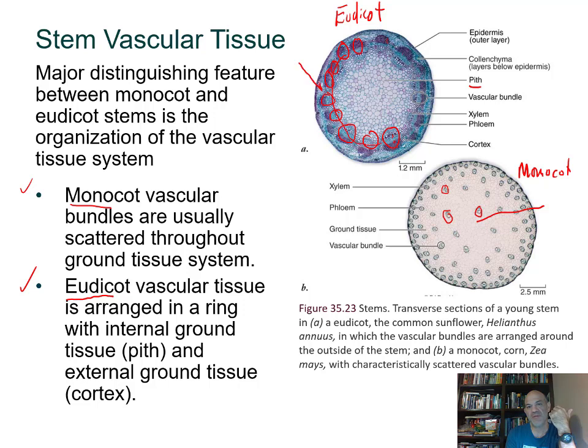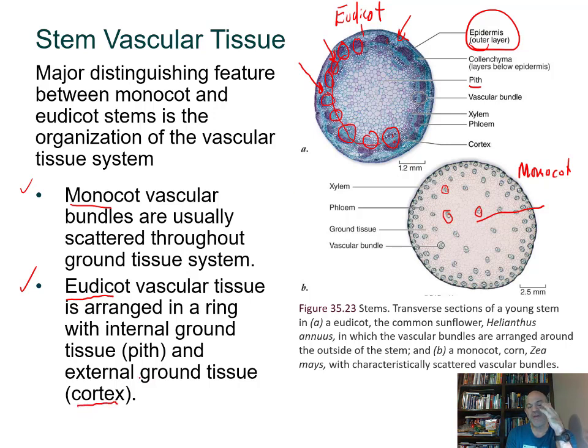I'm going to point to ground tissue with cells that make up that tissue there, just around the area where the vascular bundles are, filling in that area, both just to the outside and inside. And then, of course, on the outside, you have your epidermis, the outer layer, right? There's ground tissue there, and that ground tissue is different kinds of ground tissue with different functioning. But overall, that region where that ground tissue is going to be called the cortex.